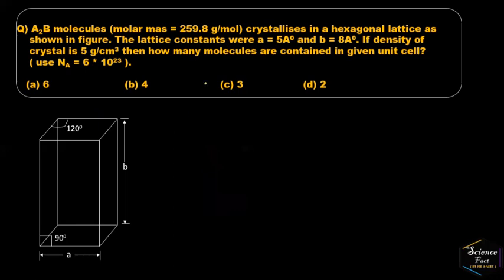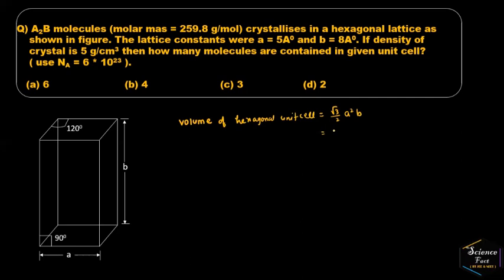So now I am going to solve this problem on the basis of this information. Here we have to find out first the volume of the hexagonal unit cell, that is equal to root 3 by 2 a square b.